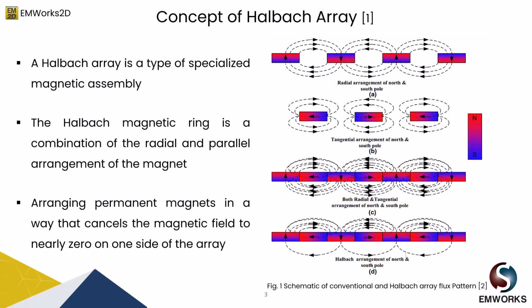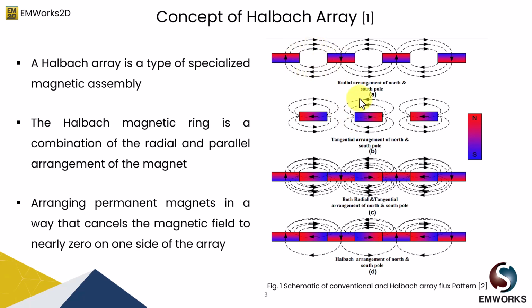So let us look at the diagram. We have a radial arrangement of the magnet. One magnet is facing towards the north, and then the consecutive magnet will be facing towards the south pole. Now the flux flowing between this arrangement is as shown here, which is in radial arrangement.